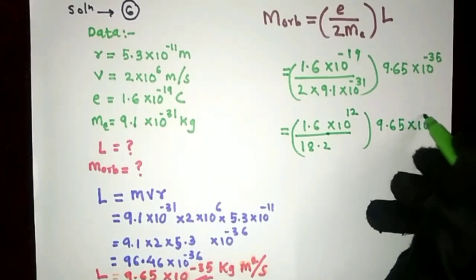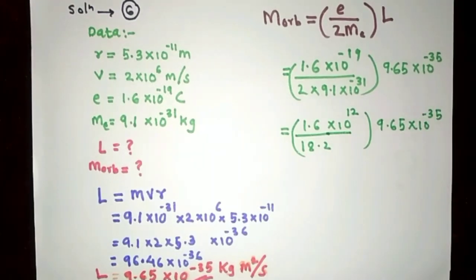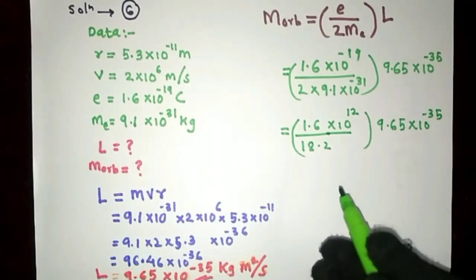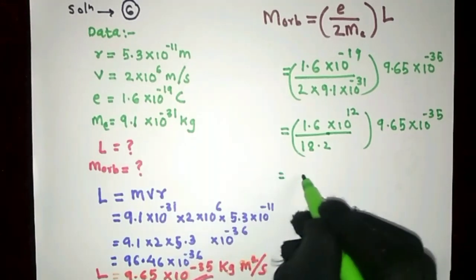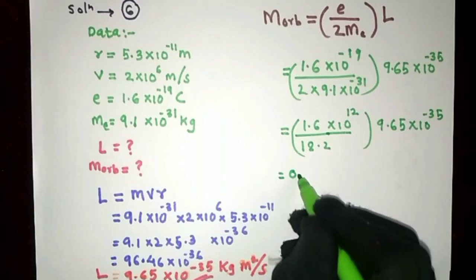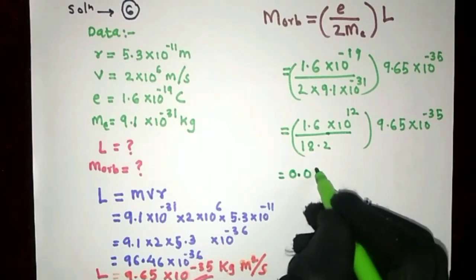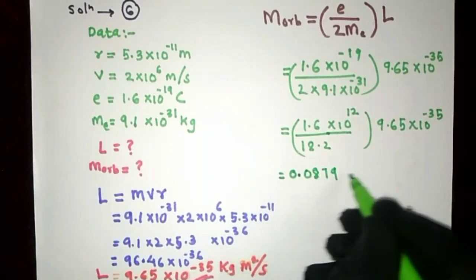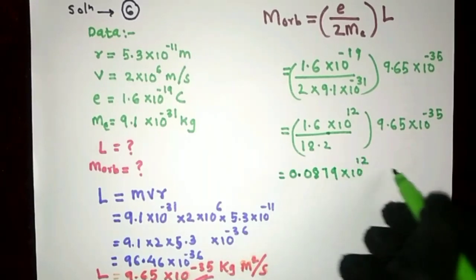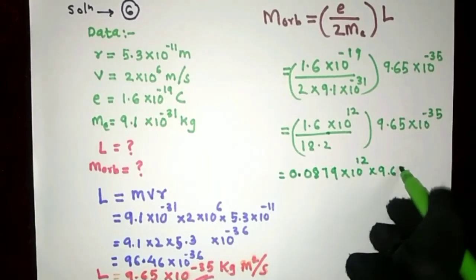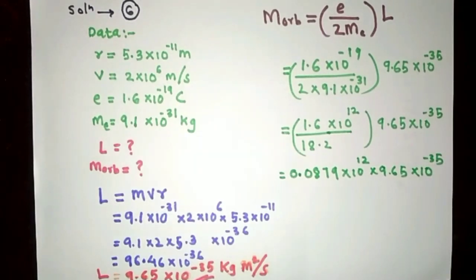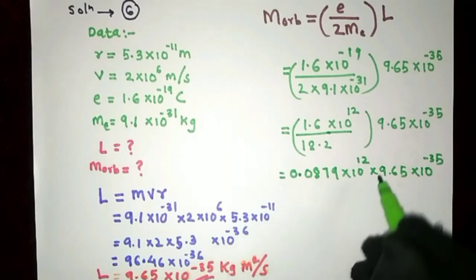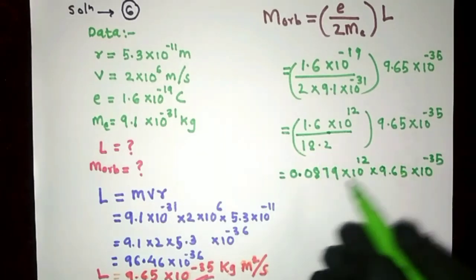9.65 into 10 raised to minus 35 is as it is. Now 1.6 upon 18.2, when you divide it, we will have 0.0879 into 10 raised to 12 into 9.65 into 10 raised to minus 35. Now you can apply log here or here, it is up to you.